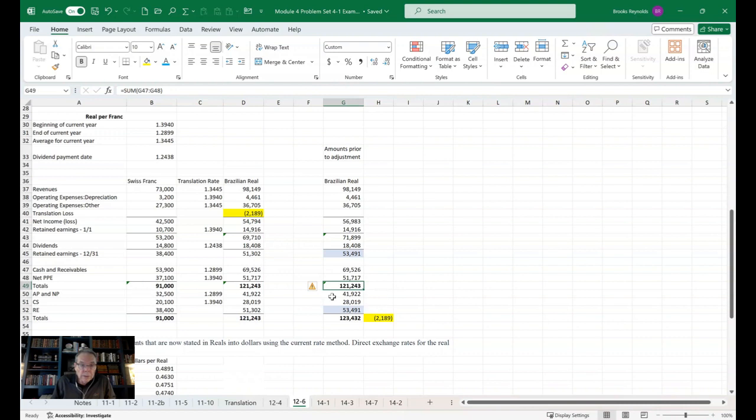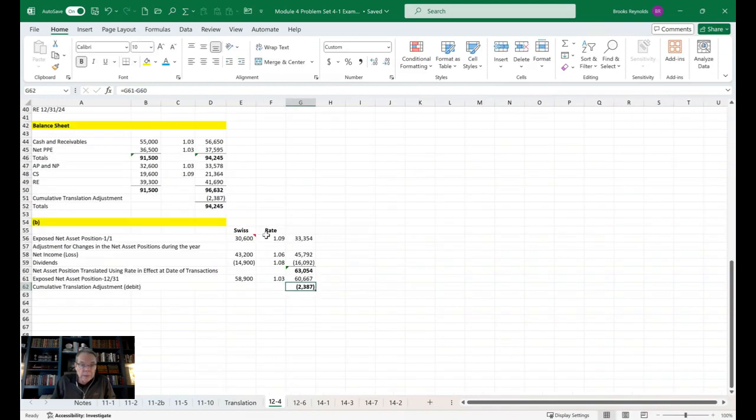You're going to do the same thing to your AP, your liabilities, and your common stock, and your retained earnings before this adjustment. Okay, and so you get 123,432, and you subtract these amounts, and that's going to be your translation adjustment. And you could probably do this to get to that figure as well.